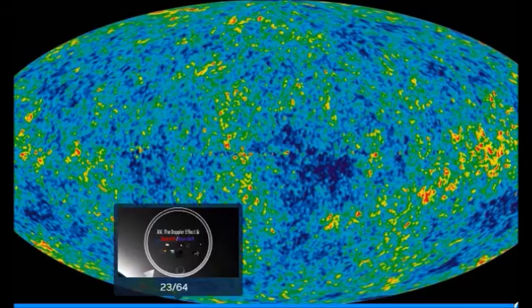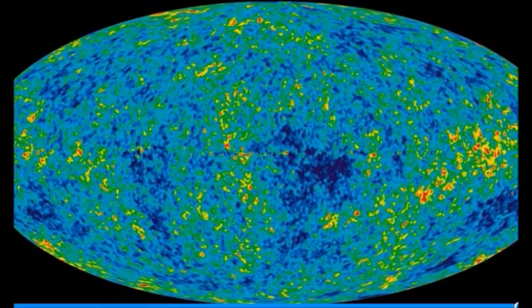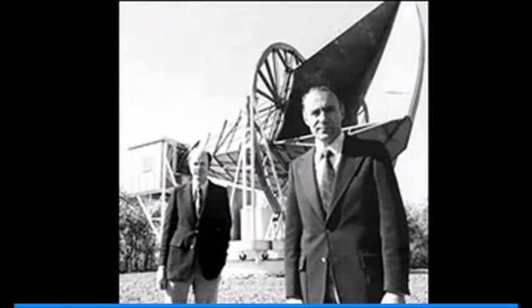So this was discovered by a couple of scientists. Their names were Arno Penzias, I don't know how to say his name, and then the other guy is Robert Wilson here in the front. Behind them is their antenna. This is receiving the microwave background radiation that they detected.